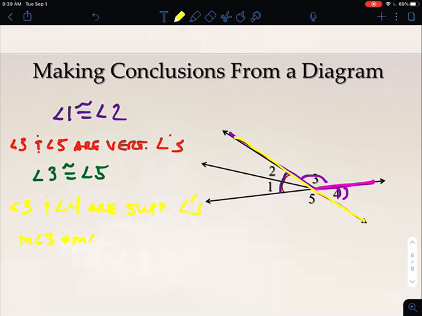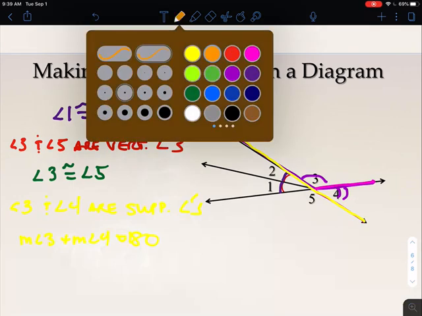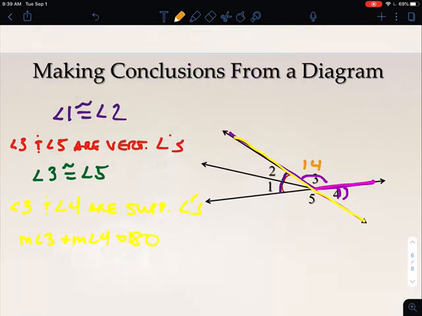Well, what does that mean? That means the measure of angle 3 plus the measure of angle 4 has to equal 180. They didn't tell me that in the problem. I know that just by looking at the picture. So if they had given me something like 140 degrees here, I know angle 4 would have to be 40. Just because I know they form that straight line, I know they have to add up to 180.